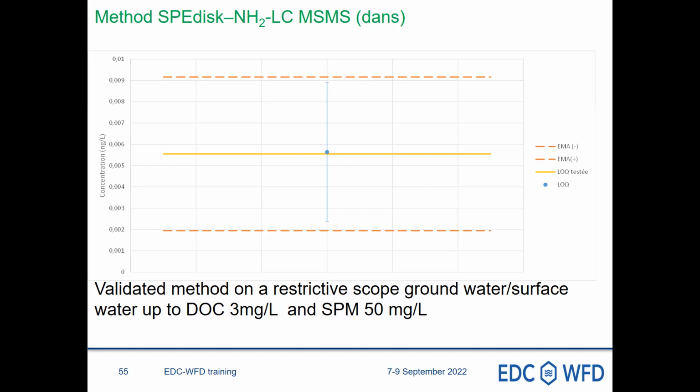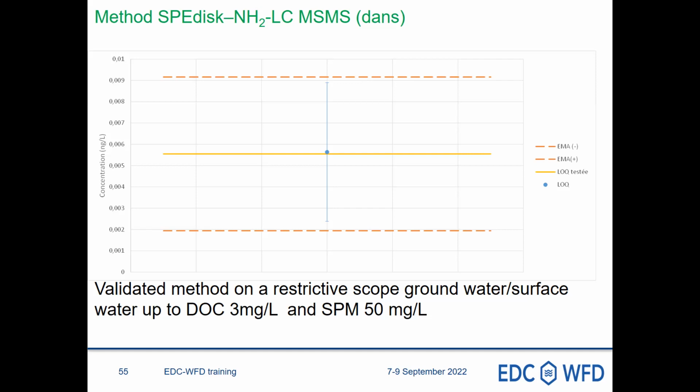But with this method, we have some problem with high level content matrices, those where we have high content in terms of DOC. So if you remember, we showed you the picture of the chromatogram just before when we have 100% extraction of signal. So here again, we have a method which has the potencies to reach 1/3 EQS, but with a restrictive scope of application.